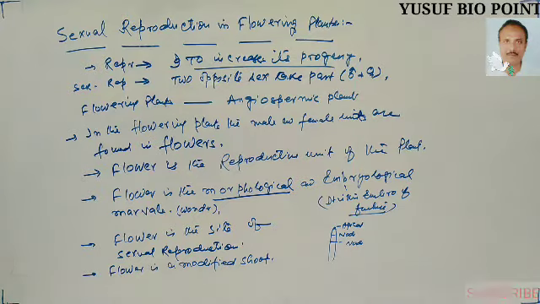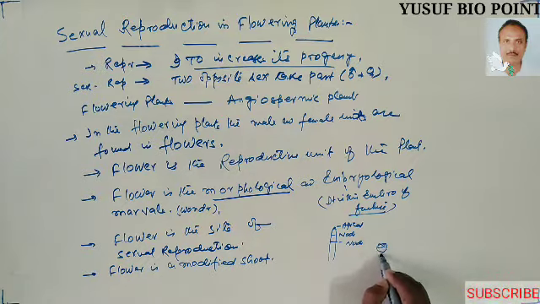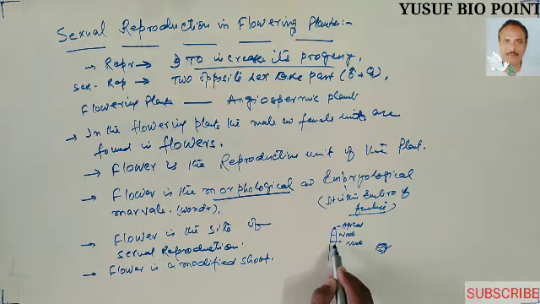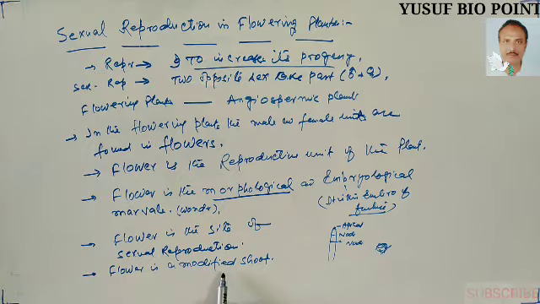When we compress it, it will form such a structure, like a flower structure. So we can say that it is a modified shoot, means on the nodes the leaves are found, and in the same way in the flowers the sepals and petals are present, which are called modified leaves. And already you have studied in your class 11 that flower is a modified shoot.